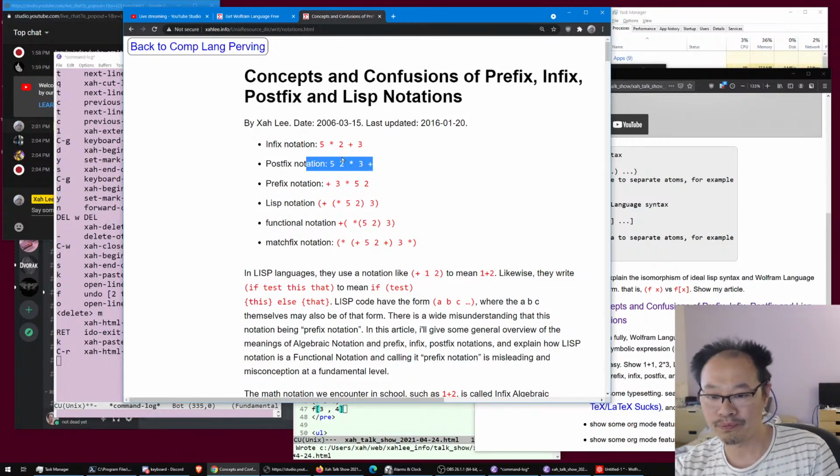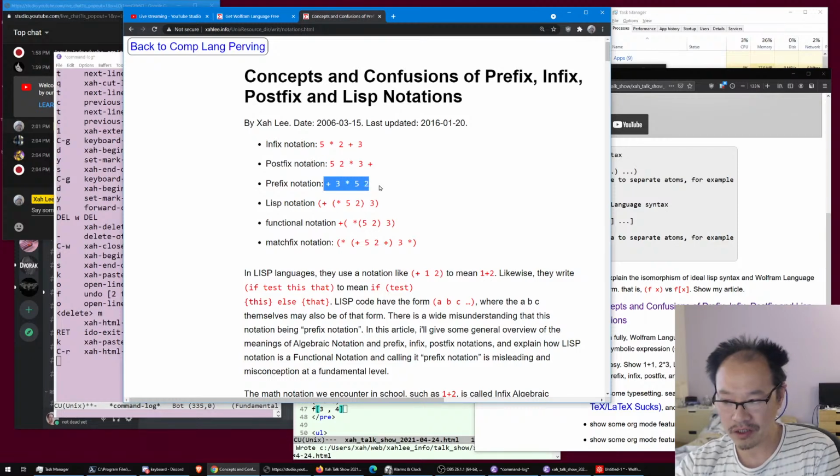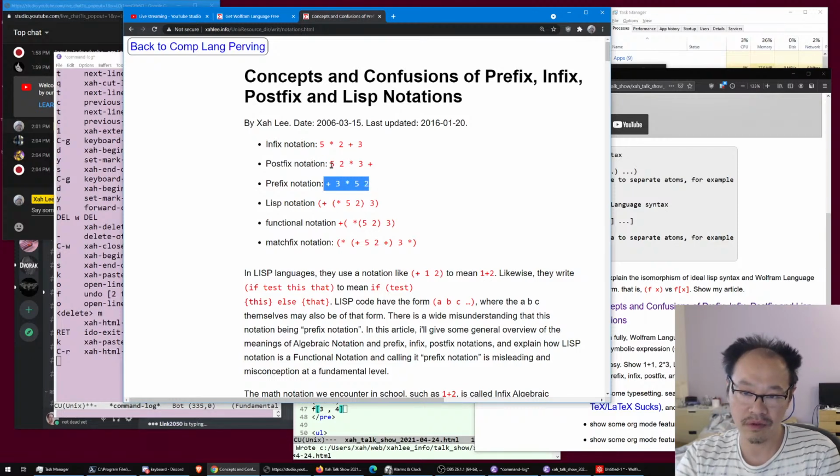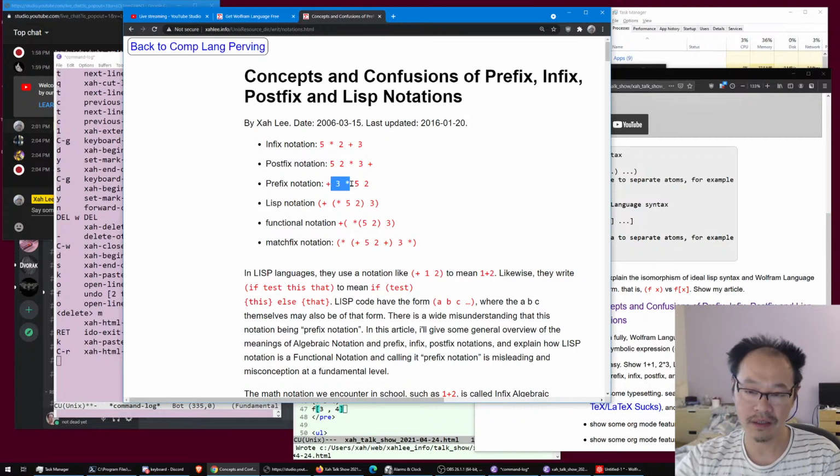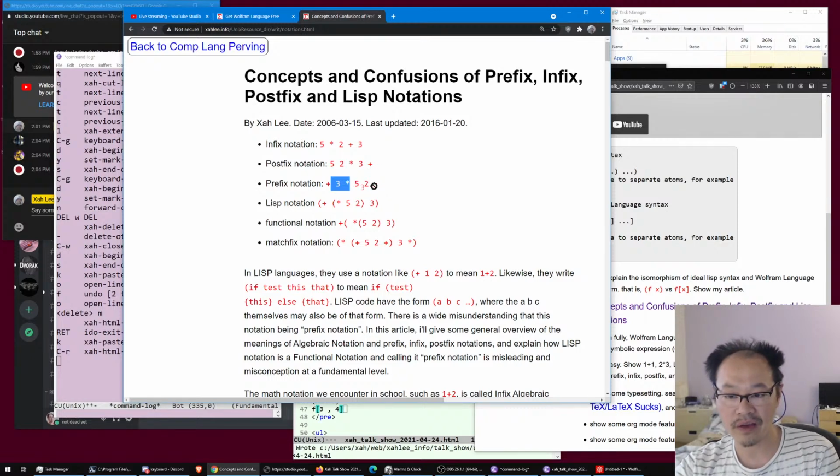That's a postfix notation. Then you have the prefix notation, which is kind of just the reverse of the postfix notation. So you work from right to left, 5, 2, and then you multiply them, then you put 3, then you add 3 and whatever the product of 5 and 2.